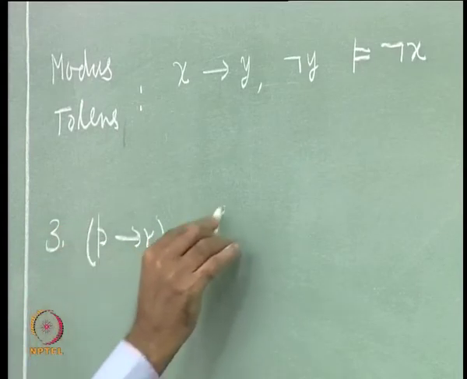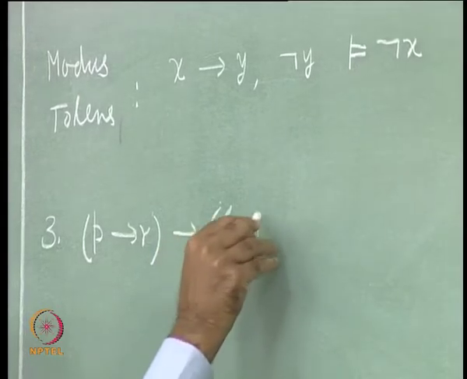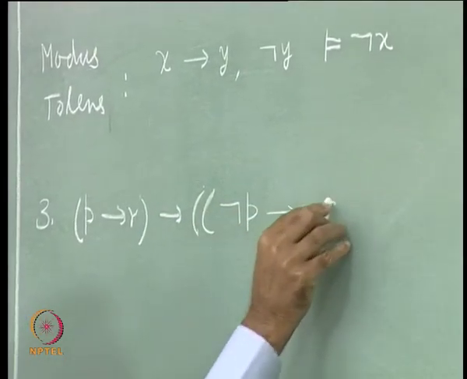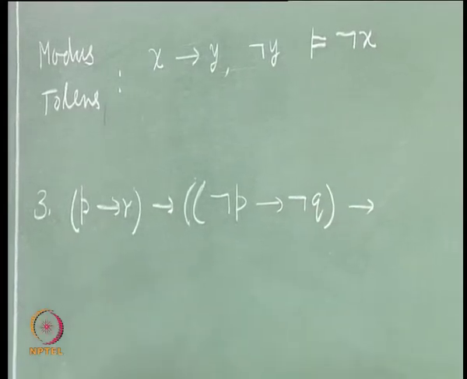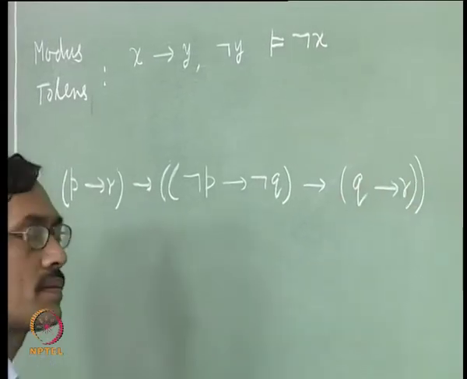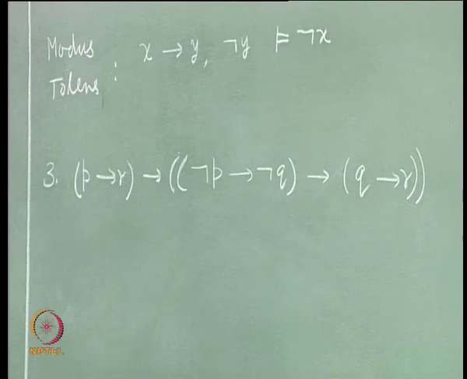P implies R implies not P implies not Q implies Q implies R. So, how do you propose to go about it?